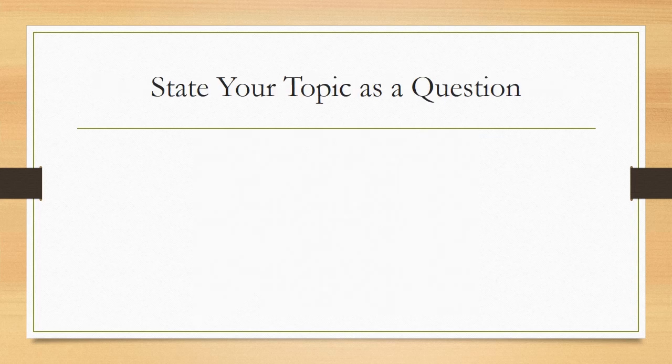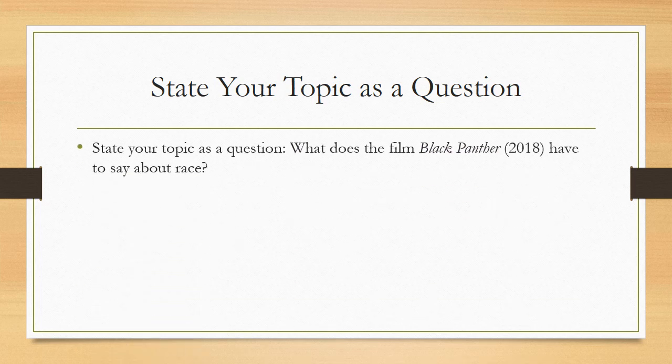So state your topic as a question, step 1. What does Black Panther have to say about race? The next step is to extrapolate key terms from the research question. So if I type, what does Black Panther have to say about race into a search engine, the results are going to be very varied.